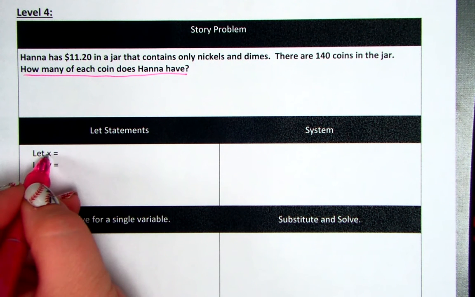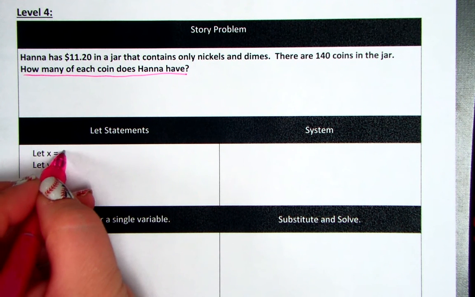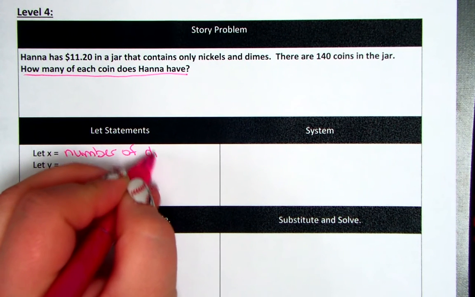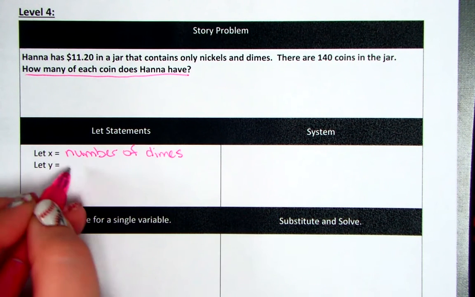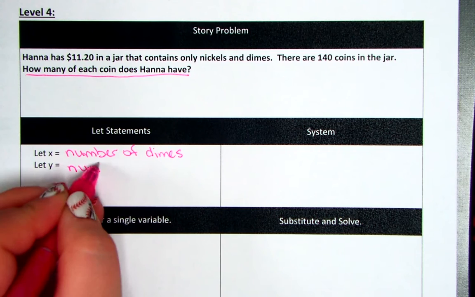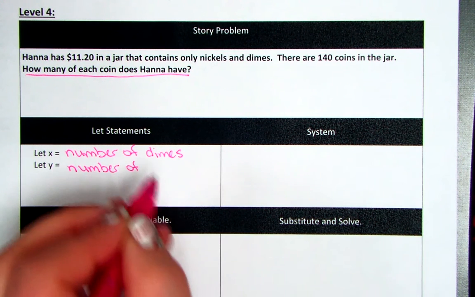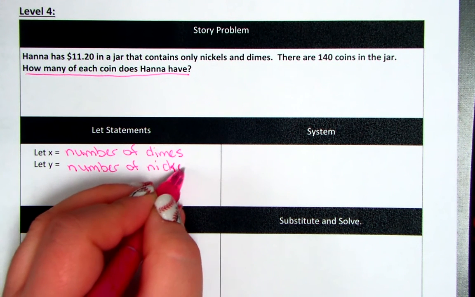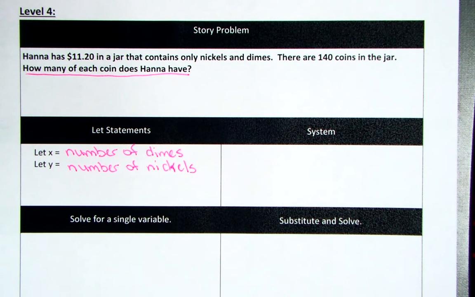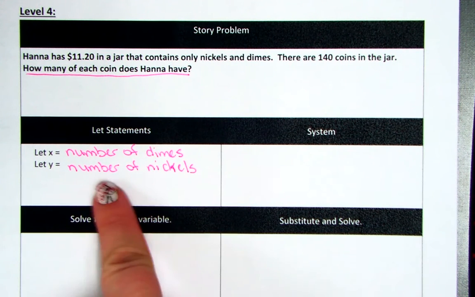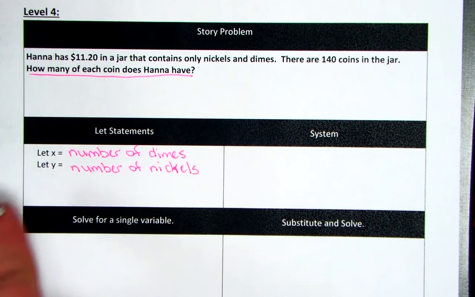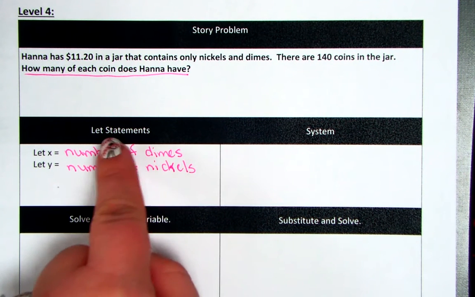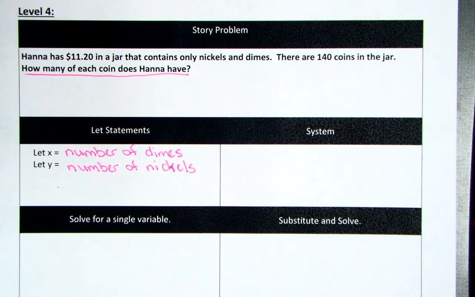So I'm going to say that X is the number of dimes and Y will be the number of nickels. Okay, so our let statements come from our question. It said how many? Well, X is the number of dimes because that will tell me how many there are.